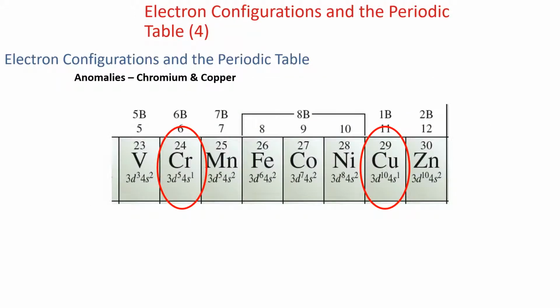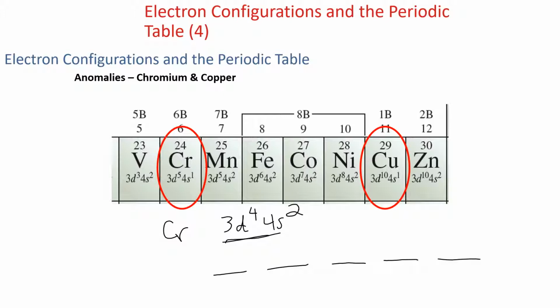There are 2 anomalies with electron configuration. Normally, we would think that chromium in its last digits would be 3d4 4s2. Okay, that would normally be the rules we follow. The problem is, it is much more stable for chromium to have a half-full d sublevel.